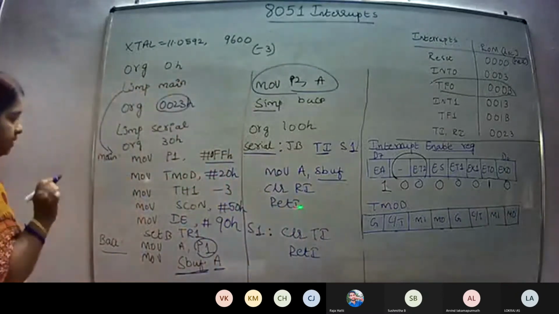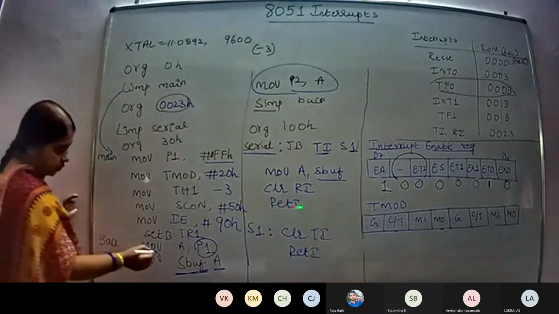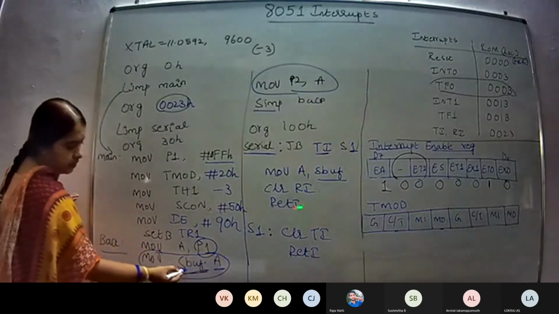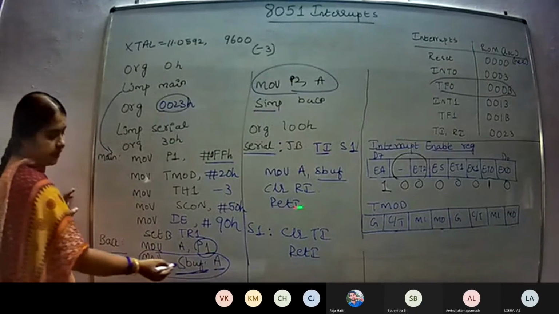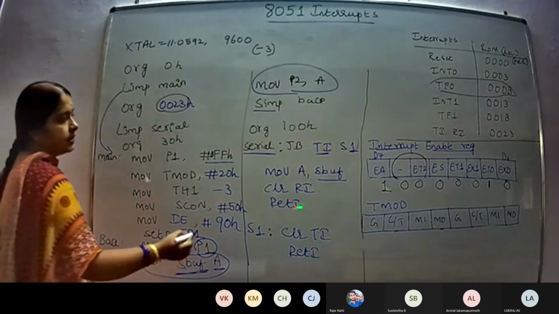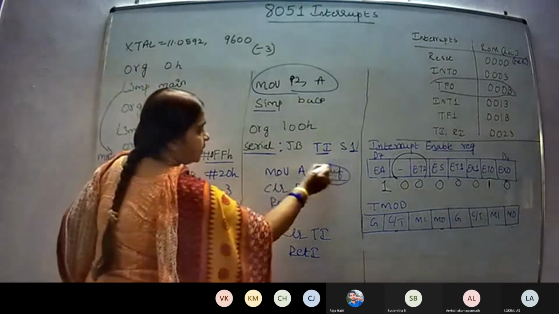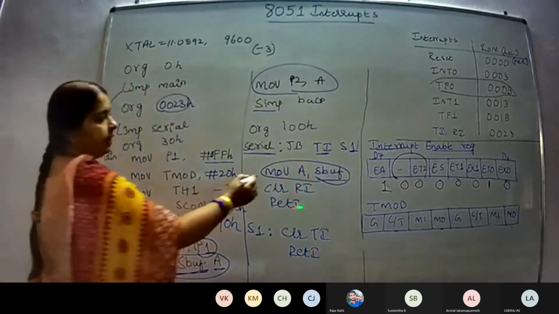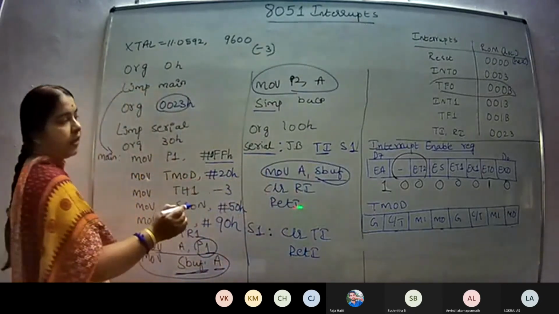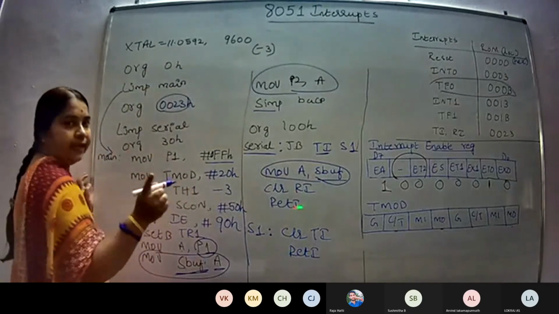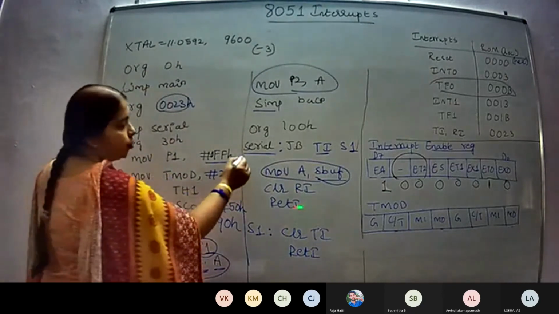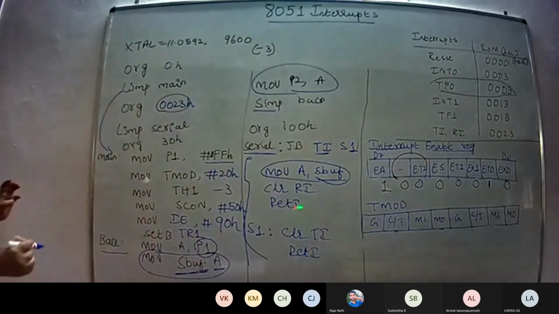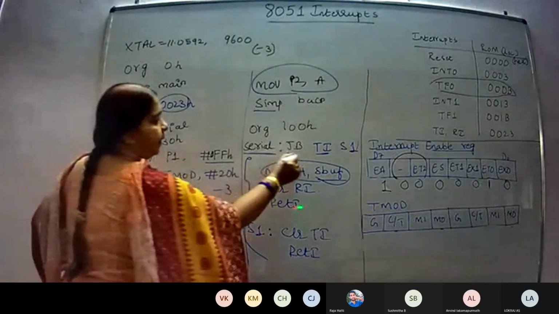See, two important concepts are here. We'll make it clear. The first one is transmitting: whatever is there in the accumulator should go to SBUF. The second is receiving: whatever is in SBUF should go to the accumulator. Here it is transmitting and here it is receiving. Since we have only one interrupt, both should be checked here, so we are writing both the conditions using the jump bit instruction.